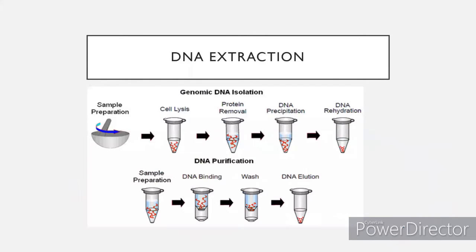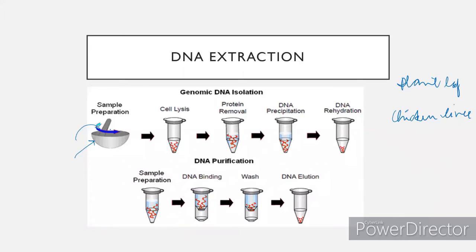So there are many methods. Basically, we did 2 methods. One is the plant cells. We took the plant leaf and extracted the DNA from the plant leaf. Another one was chicken liver. We extracted the DNA from chicken liver. So for example, we have to use a mortar and pestle here. We took the plant leaf in the mortar and pestle, and then we nicely ground it with the chilled ethanol.